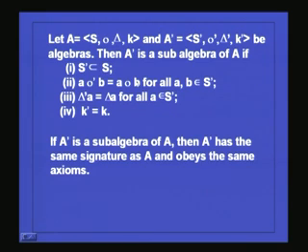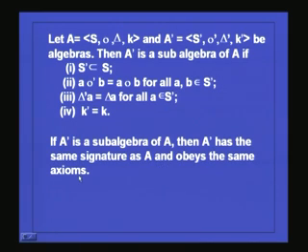That is, performing the operation dot dash on elements of S dash is the same as performing the operation on the same elements in S. And both should have the same constants. If this definition is true, then A dash is a subalgebra of A, has the same signature as A, they are of the same species and they obey the same axioms.